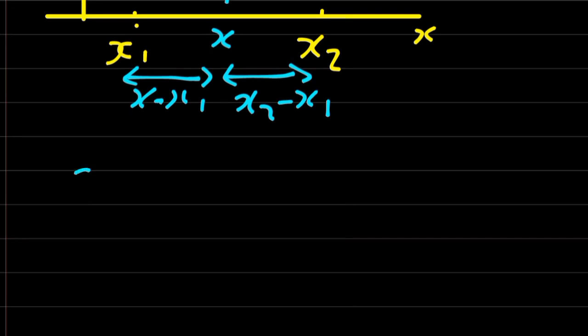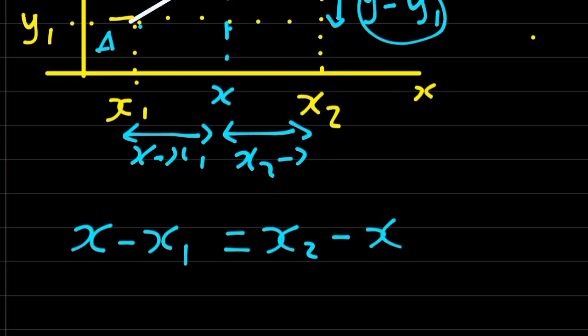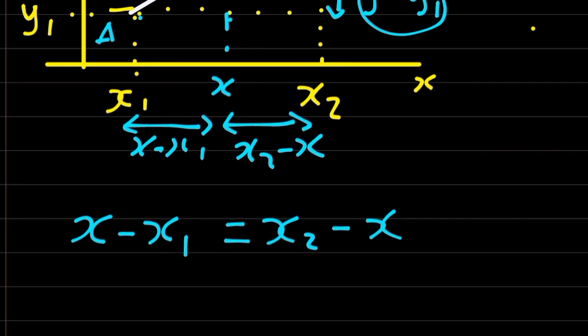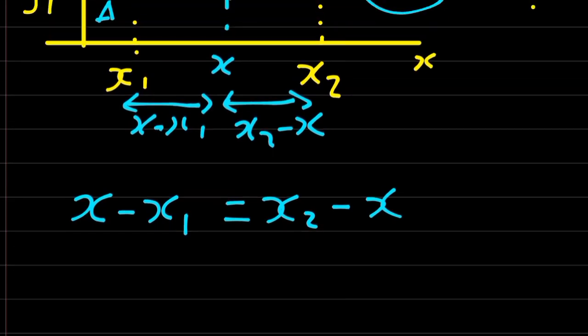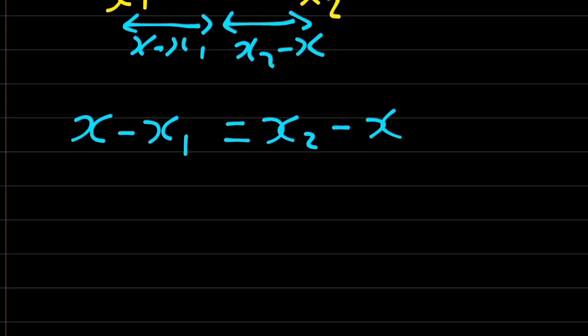It simply means that x minus x1 is equal to x2 minus x. The distance from here to here is x2 minus x. Take note. So x minus x1 is equal to x2 minus x. What we are looking for is x. We are looking for x, but we want it to be in terms of x1 and x2.